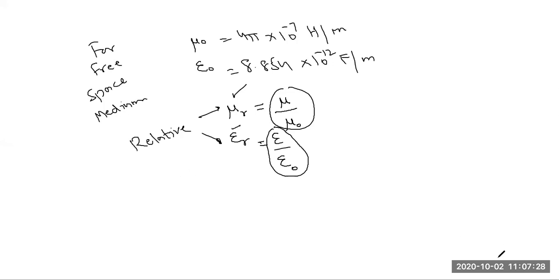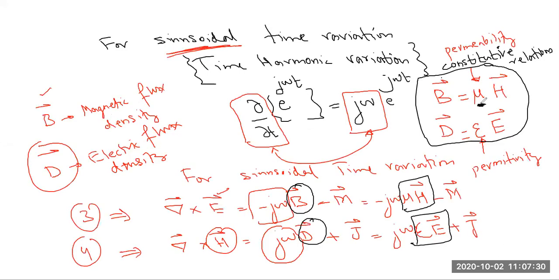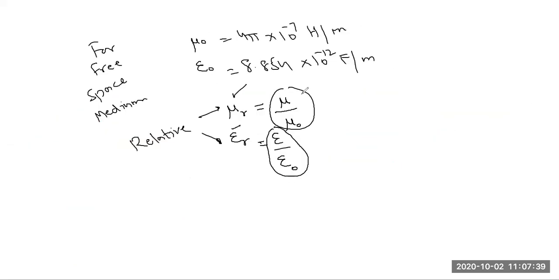So when I was using mu and epsilon over here, these are actually the absolute permeability and permittivity. Let me point out this is absolute. Similarly, this is also the absolute value.